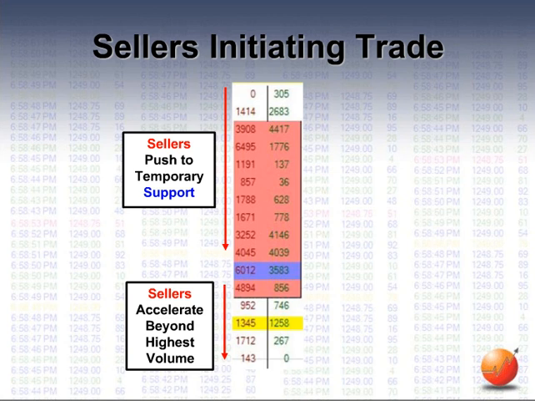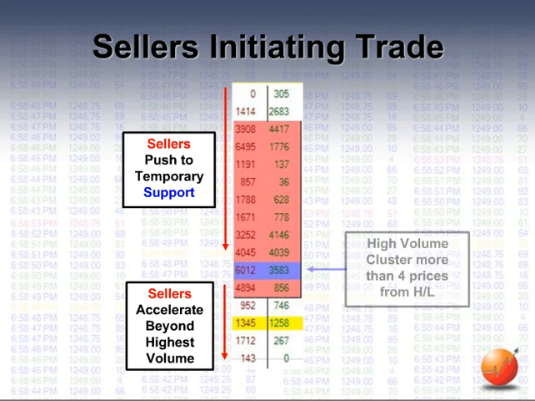It's failed. And now that starts what most of you would call a breakdown. So when we see that we're able to get on the other side of a huge cluster of volume by more than about 4 price levels, then we can say, yes, the sellers came down, there was a slight buy response, they were trying to lift it back up, but the seller initiated enough trade to break the market down.